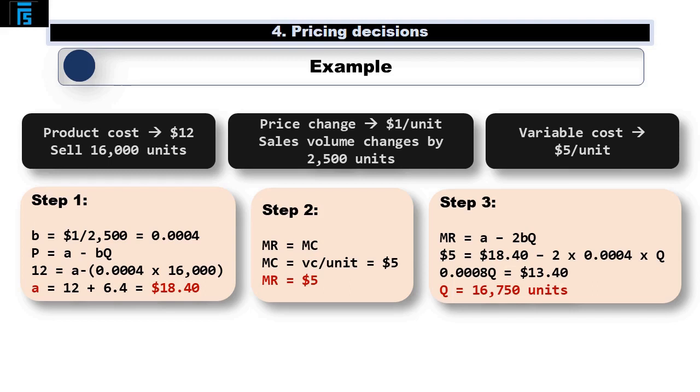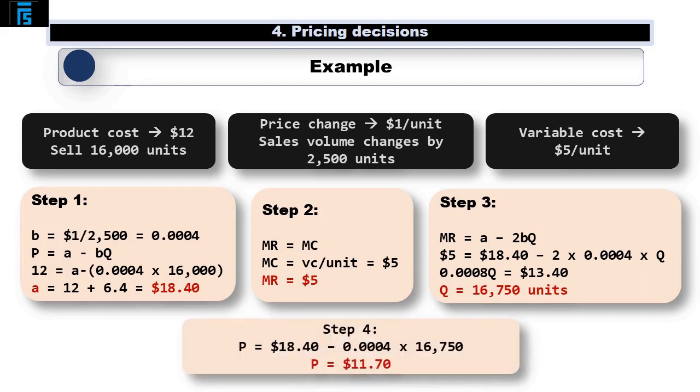Here we now use the formula MR equals A minus 2BQ. Therefore, $5 equals $18.40 minus 2 times 0.0004 times Q. Rearranging the formula takes us to 0.0008 times Q equals $13.40, and therefore Q equals 16,750 units at the optimum point.